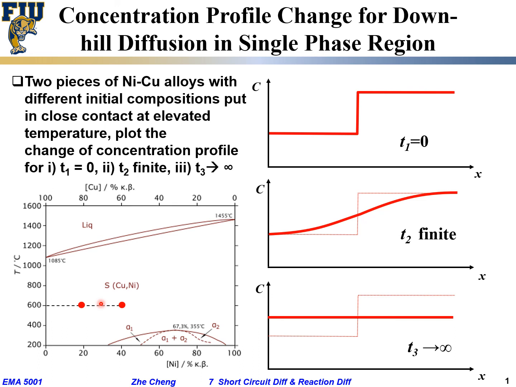When you consider this, okay, start with 2 distinct compositions. Single phase, initially a so-called step function, a sharp change in composition, becomes gradual change in composition, becomes completely uniform. And this gradual change is a result of being within the single phase region.